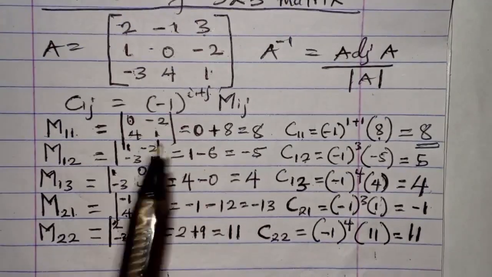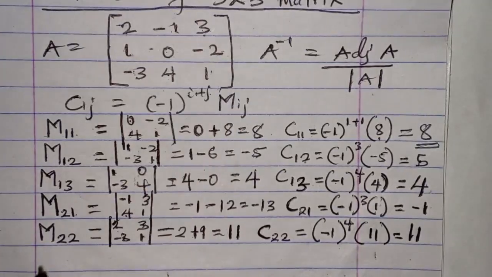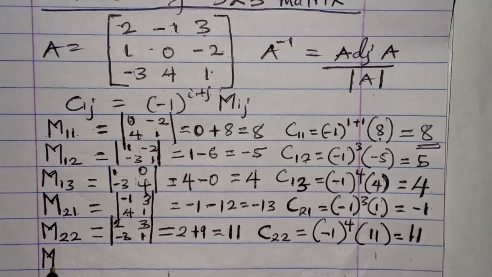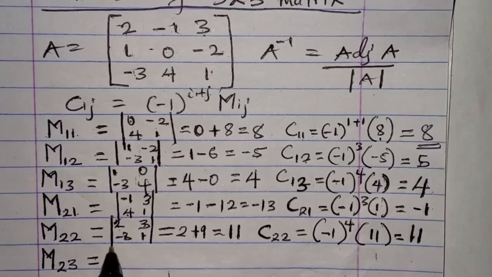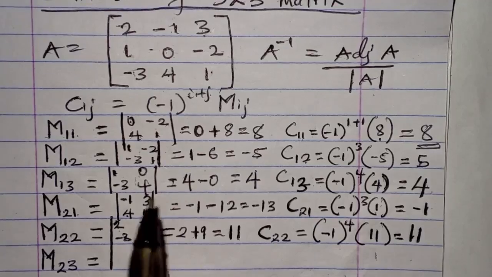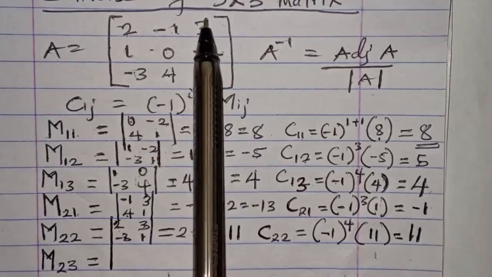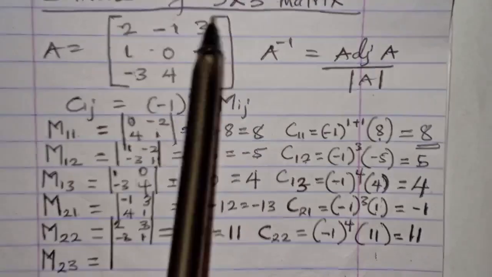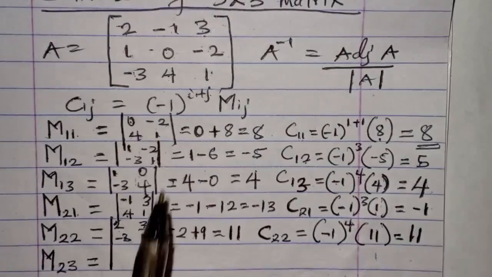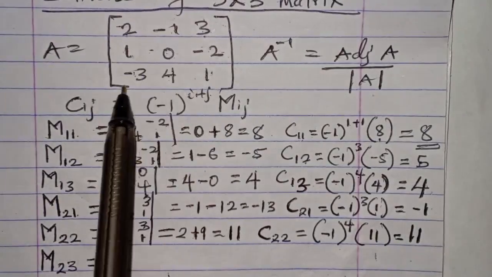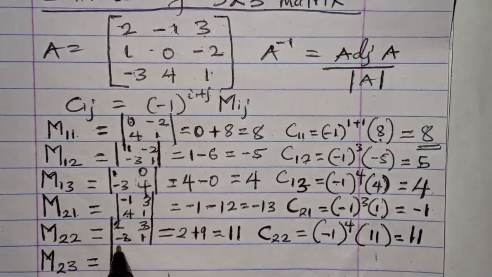And then we look for the minor of this element minus 2. Minus 2 is in the second row, third column. That's M23. If we close up this third column and the second row, we're having the elements 2, minus 1, minus 3, 4.